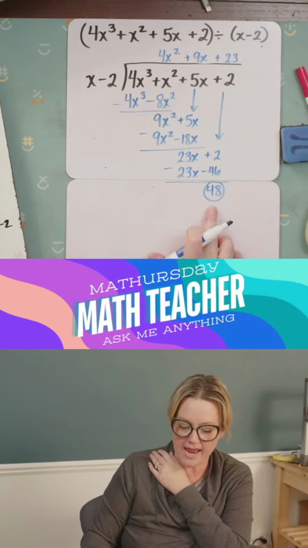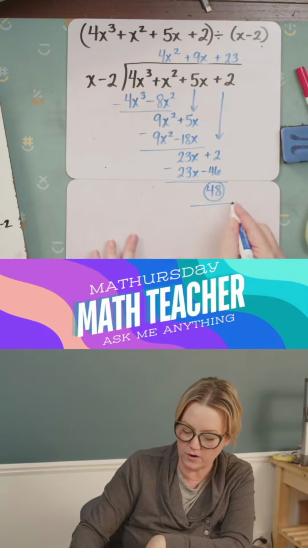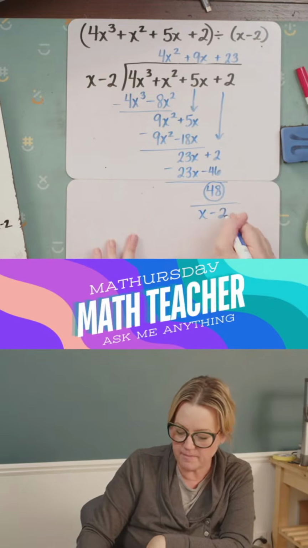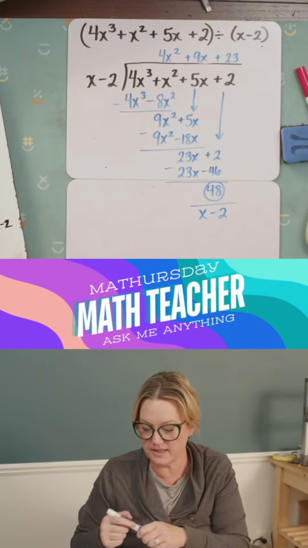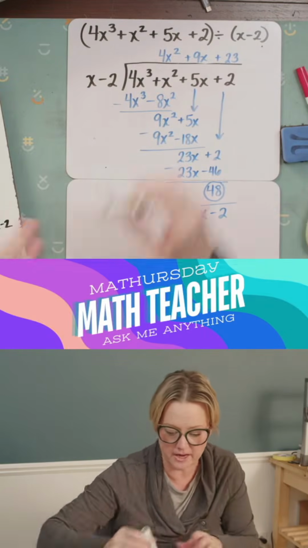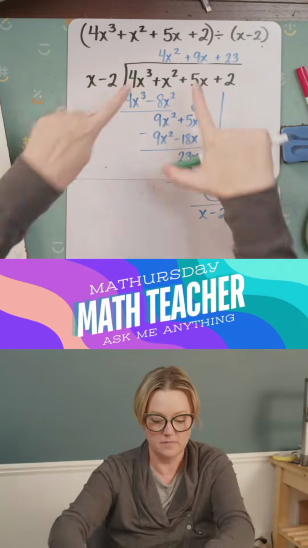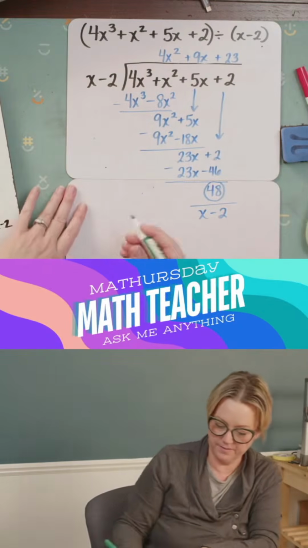Okay, now 48 as my remainder goes over what I divided by up here, which is x minus 2. Okay, so my answer to this, my solution, is this whole part up here.